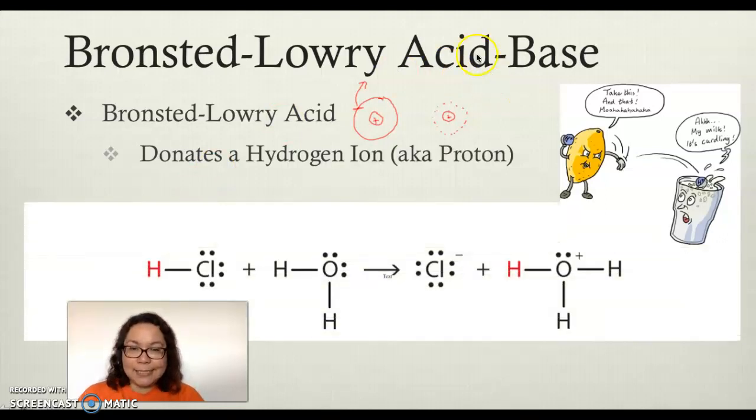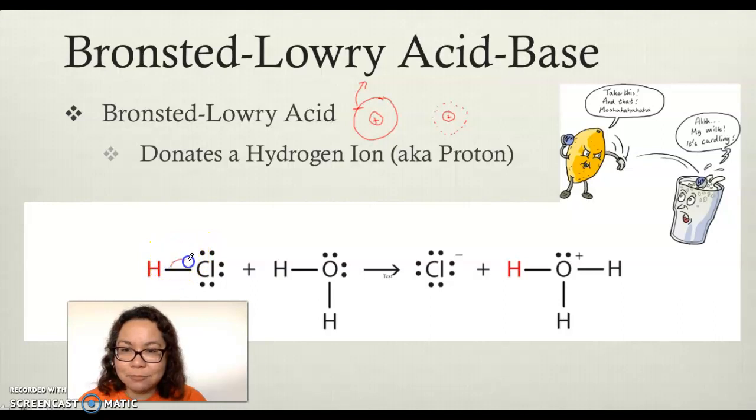And here is an example of a chemical reaction. We have our strong acid, hydrochloric acid, mixed with H2O, water, to yield chloride ions and this hydronium ion, 3 hydrogens and 1 oxygen. Okay, and let's take a look at what's going on in this chemical reaction. So it looks like this hydrogen atom is leaving this chloride.